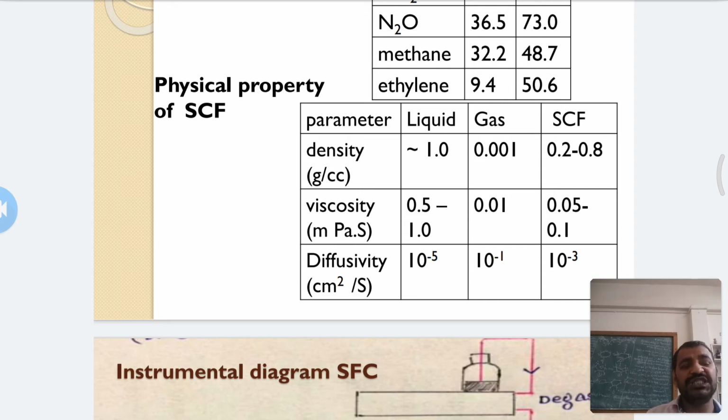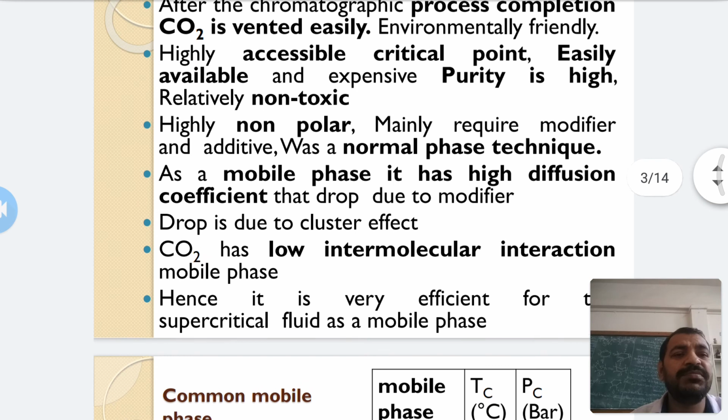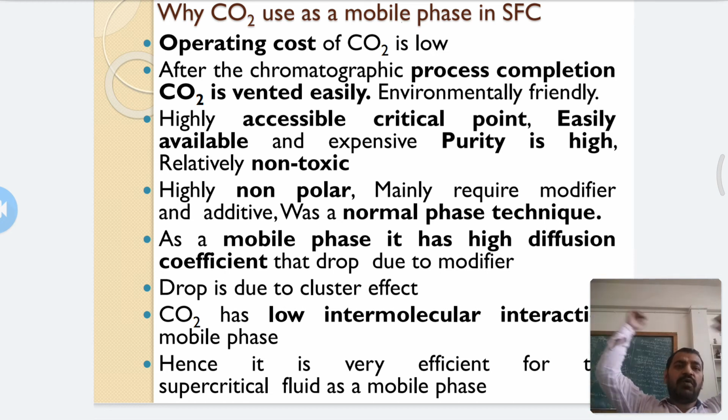So this is the physical property of carbon dioxide in the presence of different phases. The supercritical phase has different density, viscosity and diffusivity. So now first, why is CO2 mostly used as a supercritical fluid?